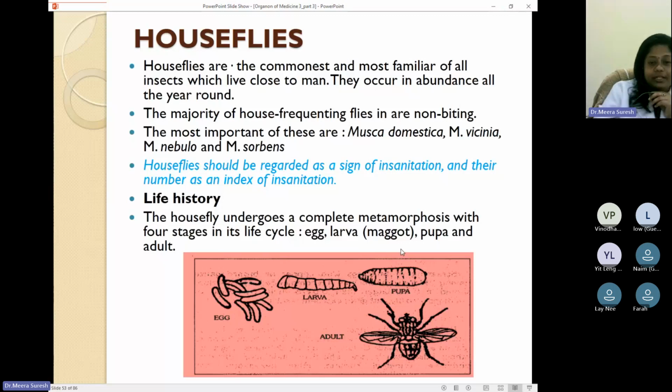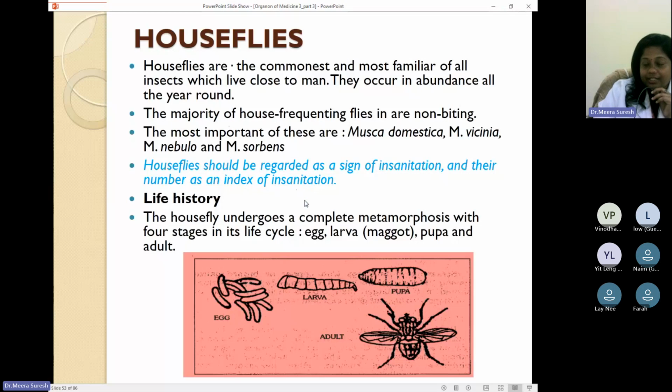Technically, houseflies can be regarded as a sign of insanitation, and their number as an index of insanitation. Whenever there is a lack of sanitation, and we have to put an index number to say how insanitary a particular area is, it can be given according to the number of houseflies present.